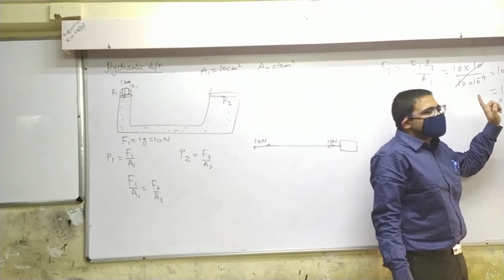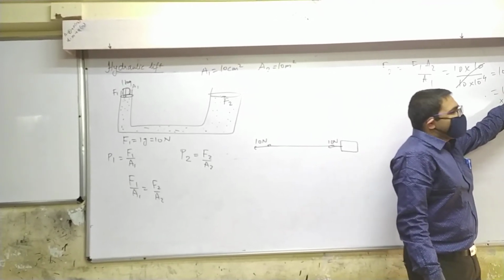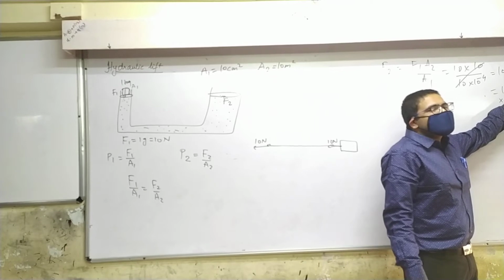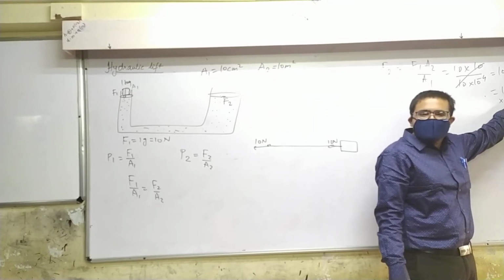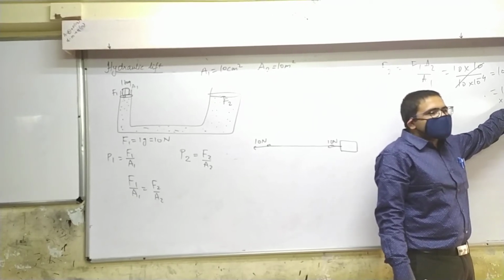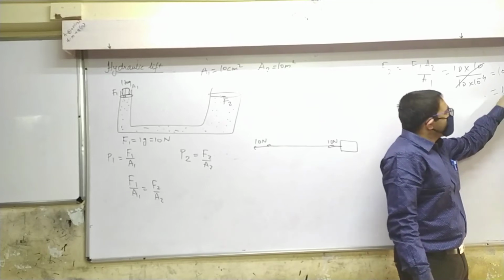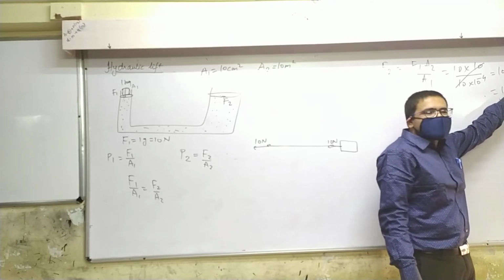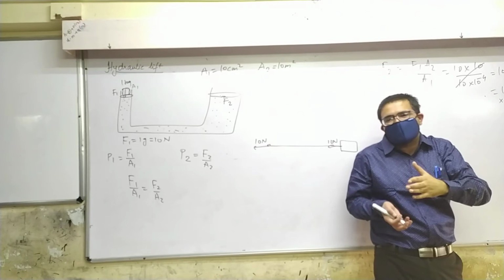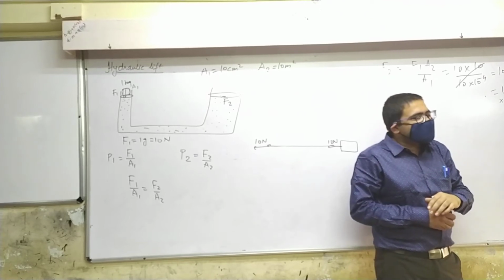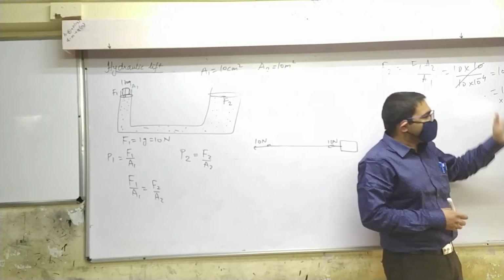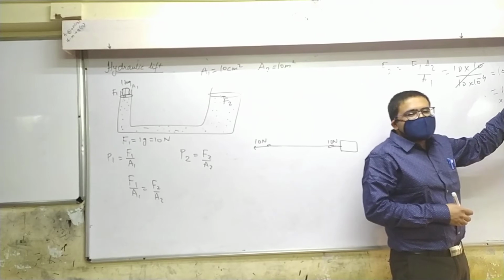I said this is equal to the weight of an object, but how, 10,000 kg, isn't it? If mass is 10,000 kg, how much will be the weight? I'm confused.